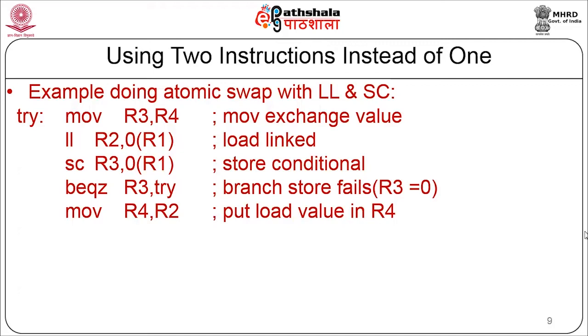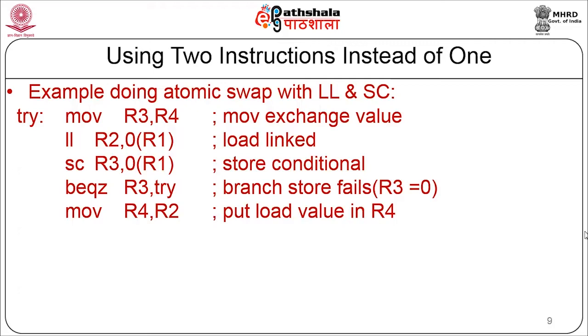If it returns a value of 0, branch if equal to 0, then it means your store conditional was a failure, so you will have to go back and do the same operation again. Otherwise, it was a success. So the R2 value which you have read there is moved into R4, which finishes the operation.